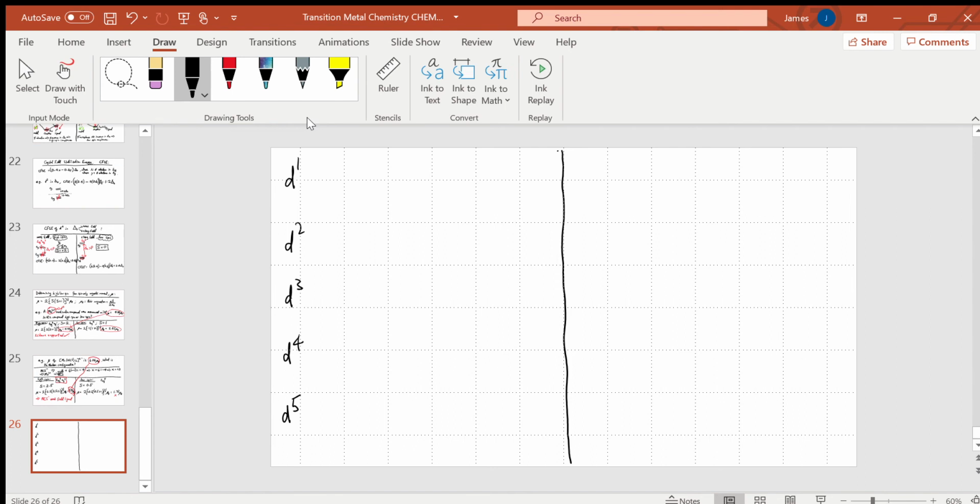So d1, how am I going to look at this? So d1, it doesn't matter if it's low or high spin, it's always going to be the same. So we would have spin-only magnetic moment. Now I've used a slightly different calculation here.